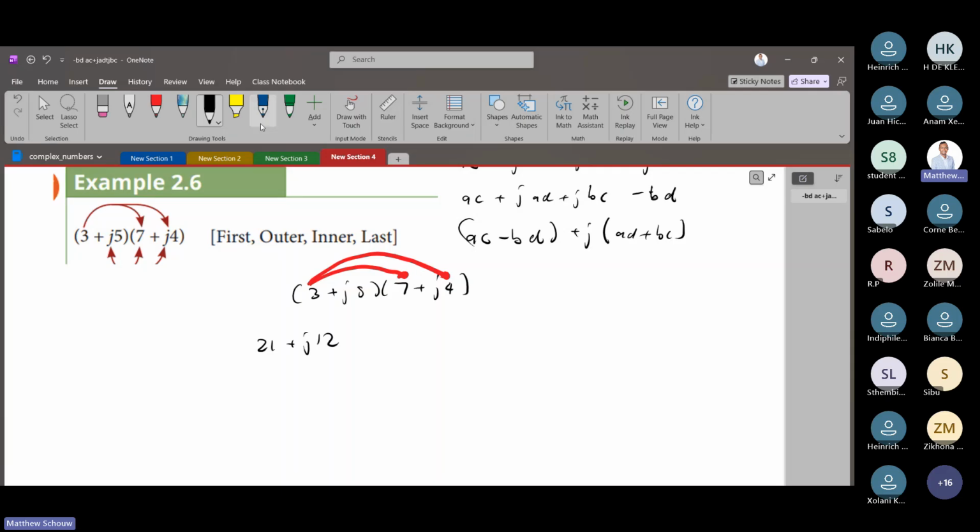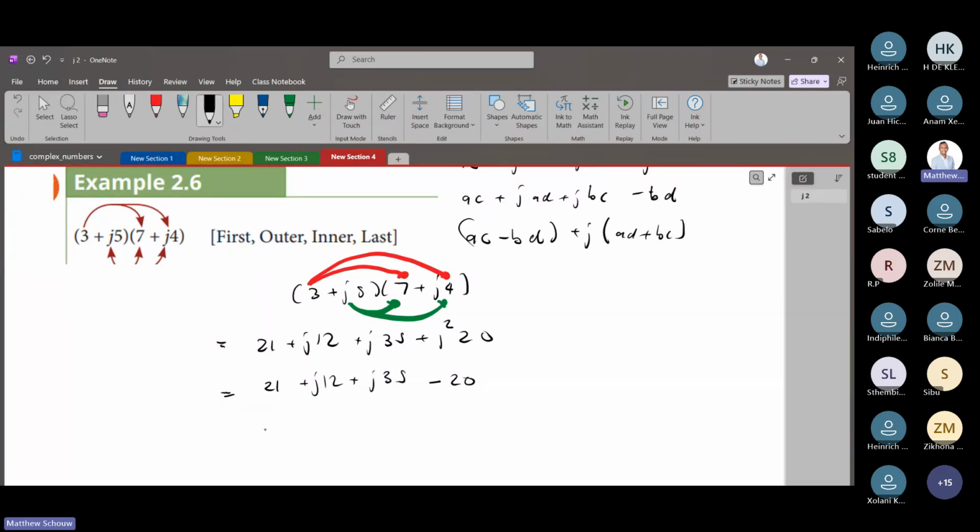And then that one times that one will give you plus J35. And then that one times that one will give us plus J squared 20, right? Again, we just have to change this to negative 20. That's 21 plus J12 plus J35.